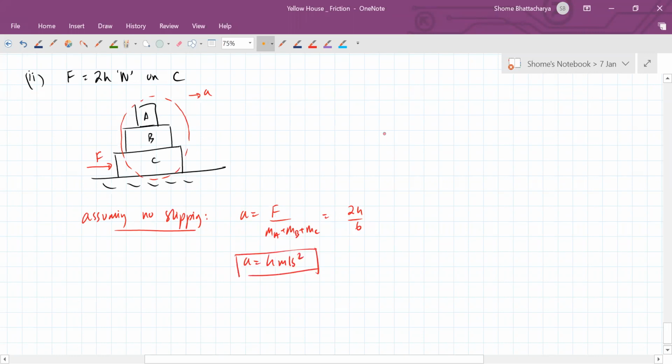Okay. But now when we look at the individual blocks, we can see that on A, friction F1 is acting like this. On B, F1 is acting like this. F2 is acting like this.